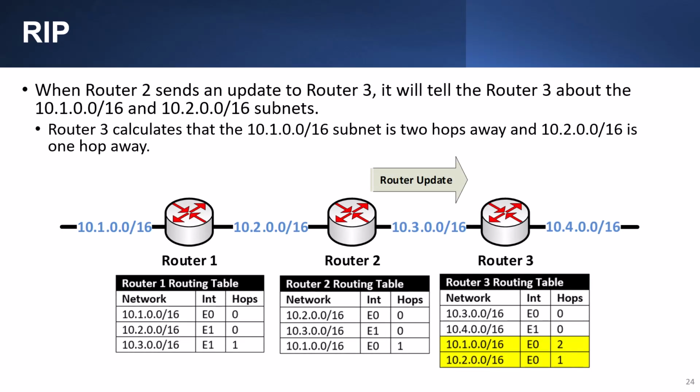When router 2 sends an update to router 3, it will tell router 3 about the 10.1.0.0/16 and the 10.2.0.0/16 subnets. Router 3 calculates that the 10.1.0.0/16 subnet is 2 hops away and 10.2.0.0/16 is 1 hop away.